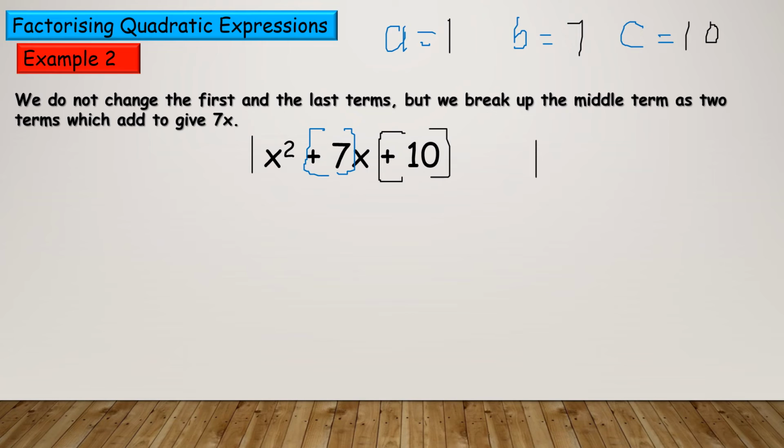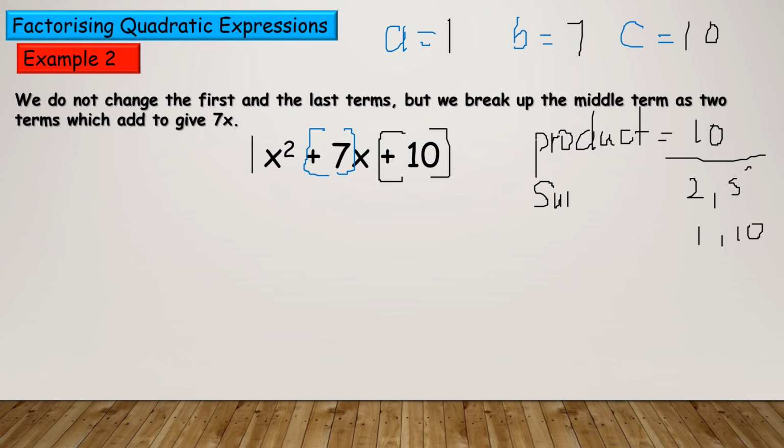So our product would be 1 times 10, which is 10. All the combinations are 2 by 5 and 1 by 10, and I remember we can turn it around. Which will give us the sum of 7? Automatically we know that the answer is 2 and 5.